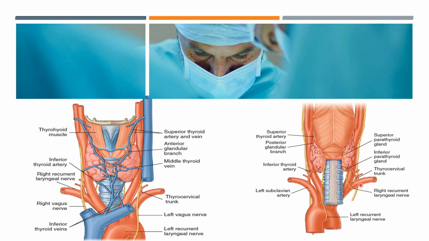After hooking around the subclavian artery, it ascends up to supply a part of the muscles of the larynx. Okay, and the left vagus nerve gives its recurrent laryngeal nerve that hooks around the arch of aorta, and it ascends up also to supply the muscles of the larynx.